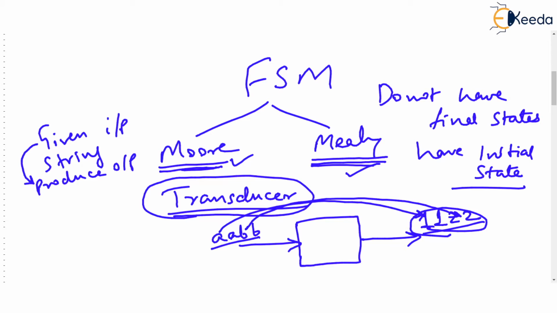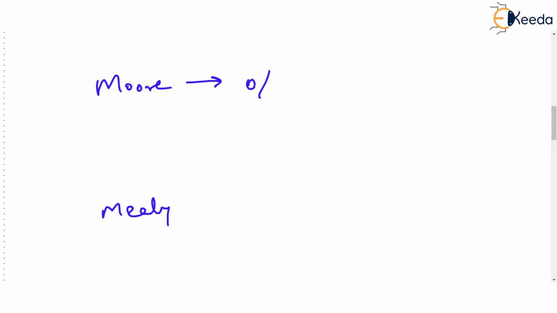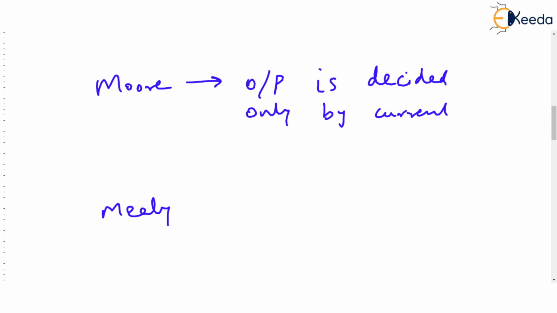Now let's see how these Moore and Mealy machines look and how they produce output. One basic difference between Moore and Mealy machines is, both produce output, obviously, but in Moore machines, the generated output is decided only by the current state. Give me some time, you will understand what I'm talking about.